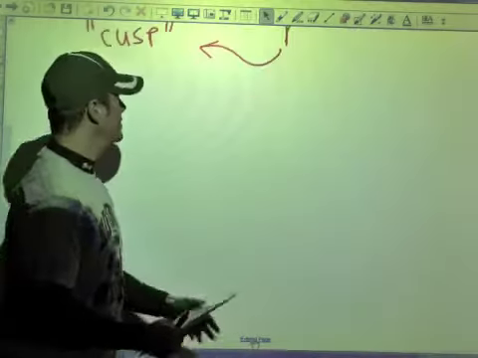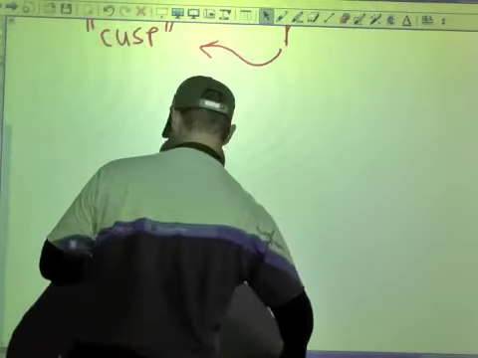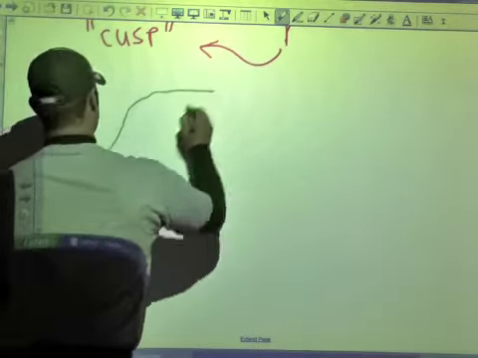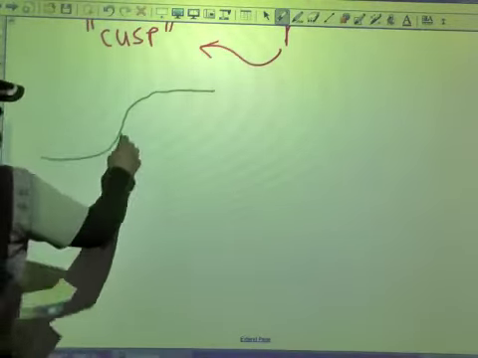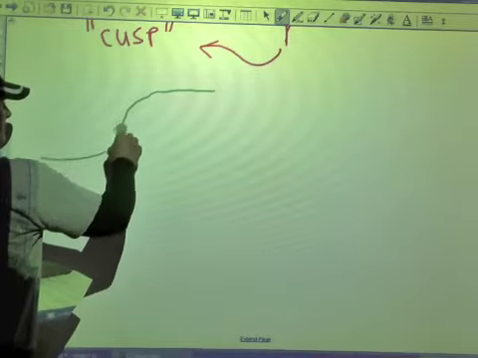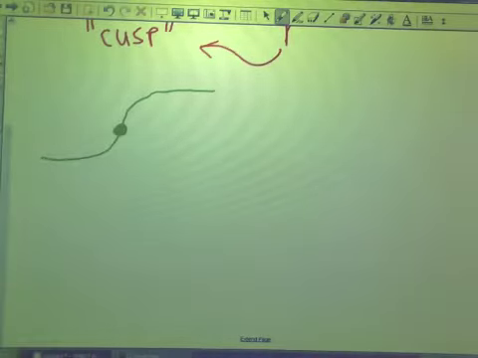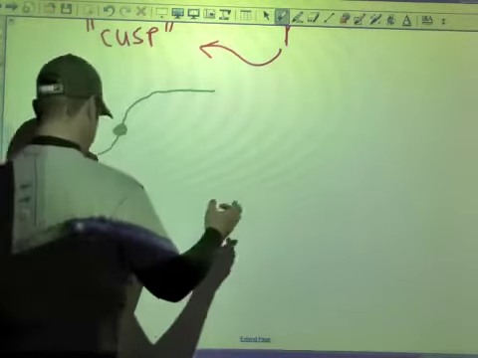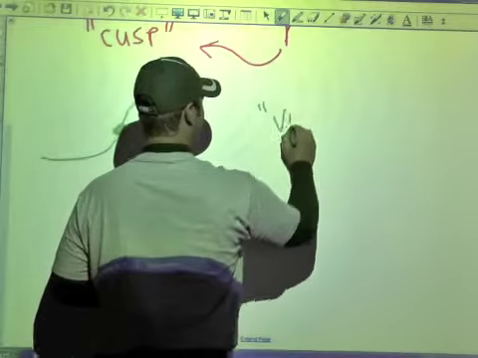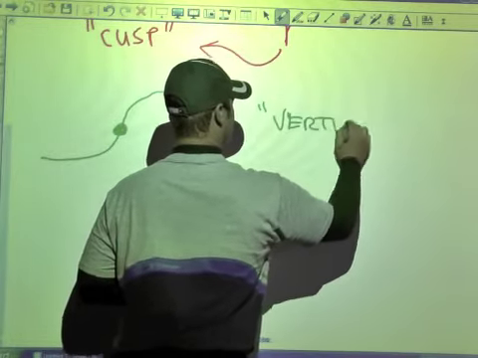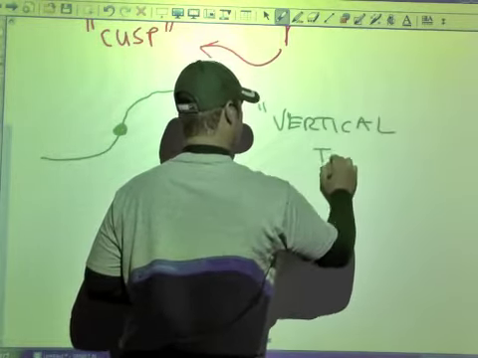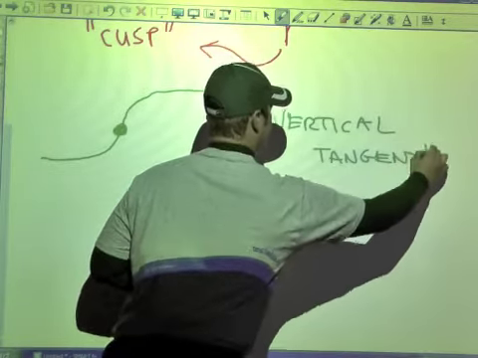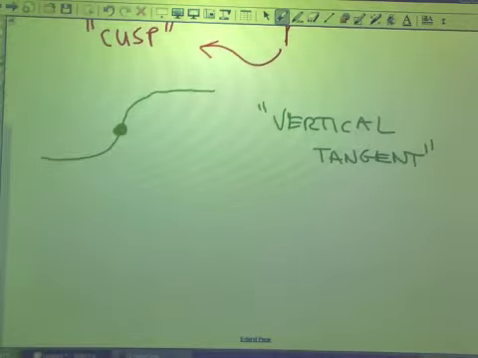Okay, a couple other situations where we say the function's not differentiable. If you've got a situation like this, where at a particular instant, let's say the graph goes vertical. Okay, so if we have a vertical tangent, that's another situation where we'd say it's not differentiable.